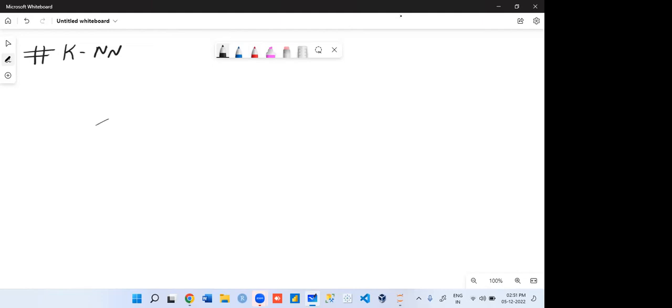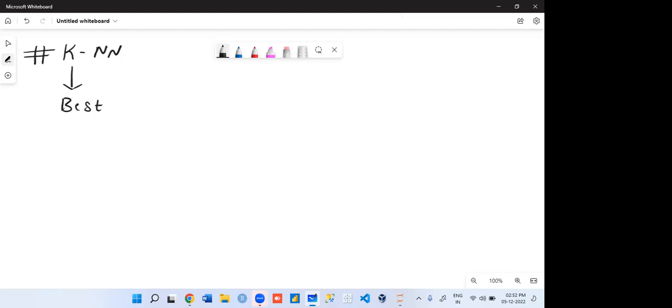Now, guys, KNN we have done on pen and paper. Plus, we have compared with Python also. For regression, we take the average as a prediction, and for classification, we take the mode. Now, moving forward, our objective is to find the best value of K. As I said, we have three methods.